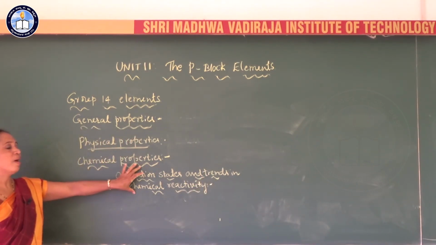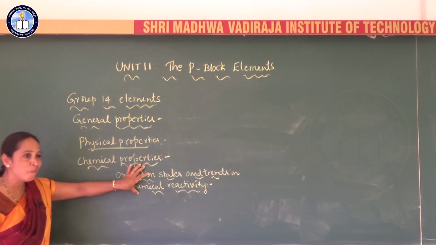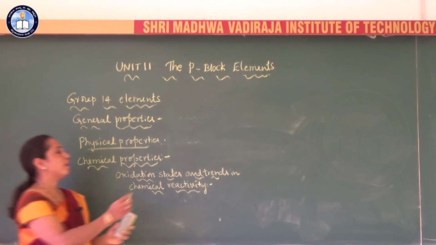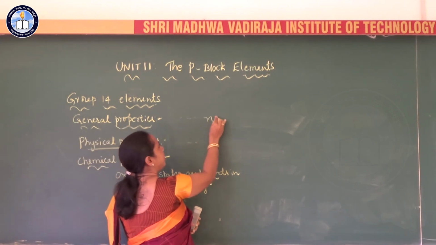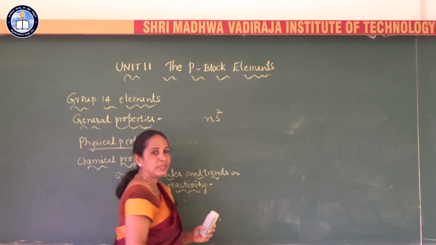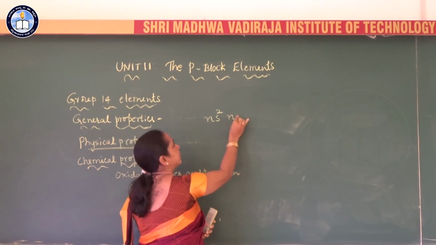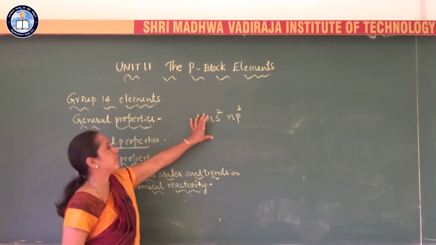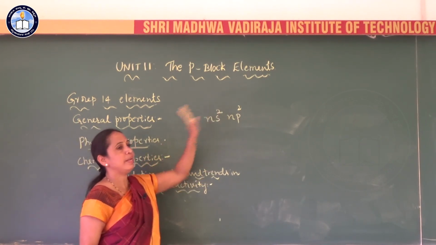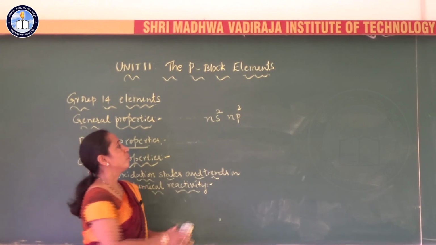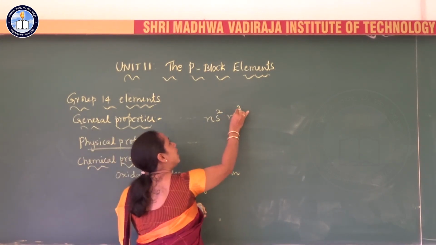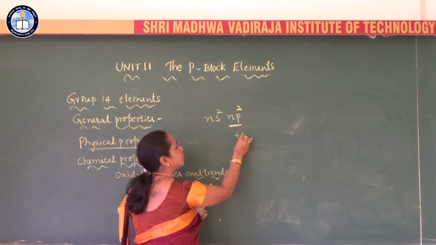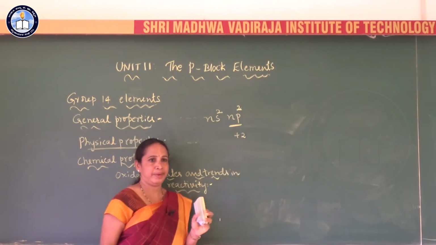Now, what are the common oxidation states of the 14th group elements? You already know the general electronic configuration of 14th group elements is ns2 np2. There are 2 electrons in the s subshell and 2 electrons in the p subshell. By losing the 2 electrons present in the p subshell, they exhibit +2 oxidation state.